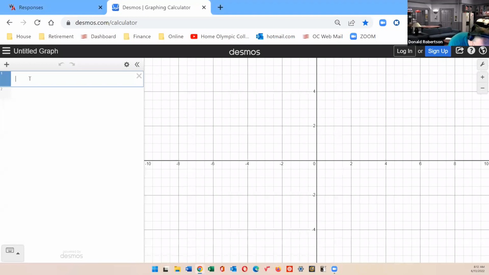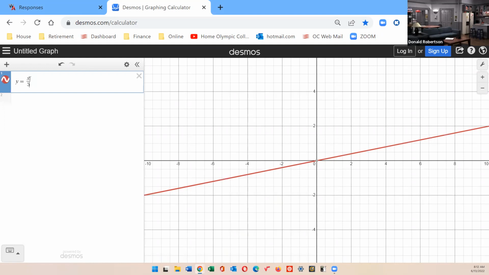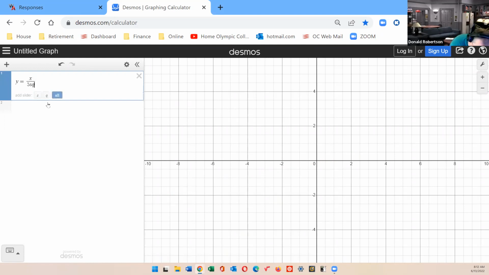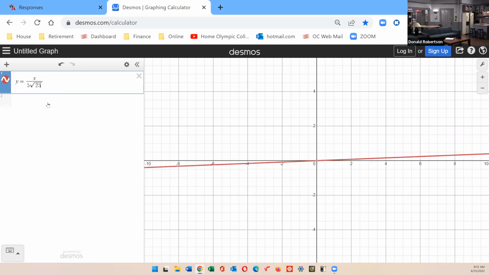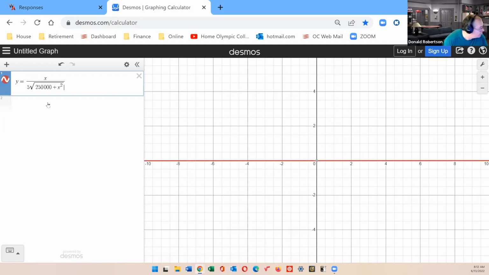So what we're going to do is I'm going to do y equals x divided by 5 square root 250,000 plus x squared, which is this guy, and take away a third.